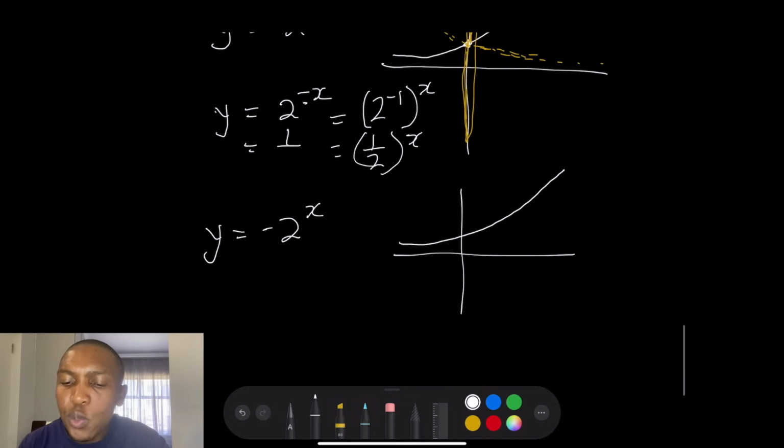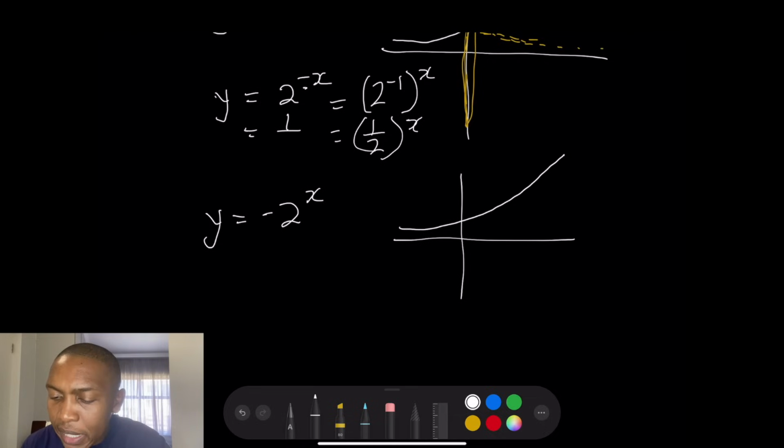This would be a graph that is mirrored about the line y is equal to 0. So it's mirrored about the x-axis, sorry about that. So in this case, you'd have a graph that looks like that.